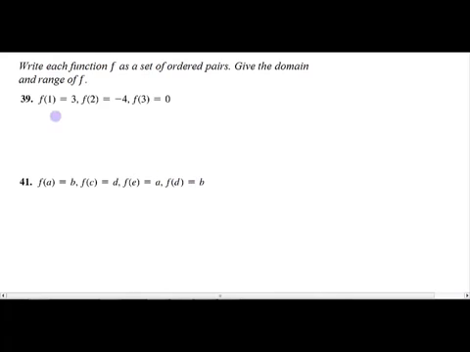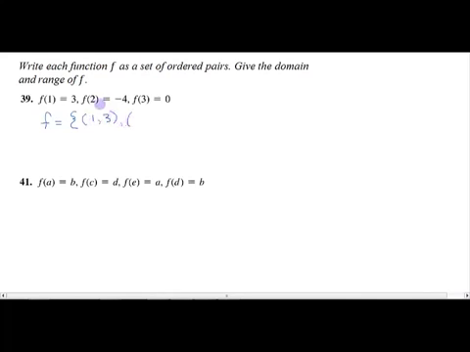So here, let's write each of these functions as a set of ordered pairs and give the domain and range of f. So we write this like this: f equals, and then we open up a curly brace, and we'll list the ordered pairs in that function and then close it with a curly brace, showing that we're finished describing that set. So the first set of ordered pairs, we have f of 1 equals 3, so we know we have the ordered pair 1, 3.